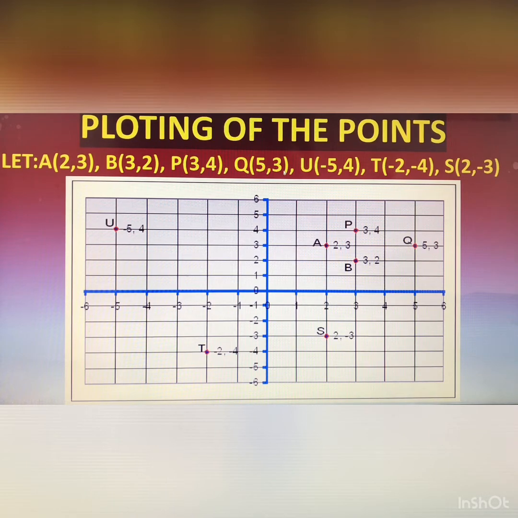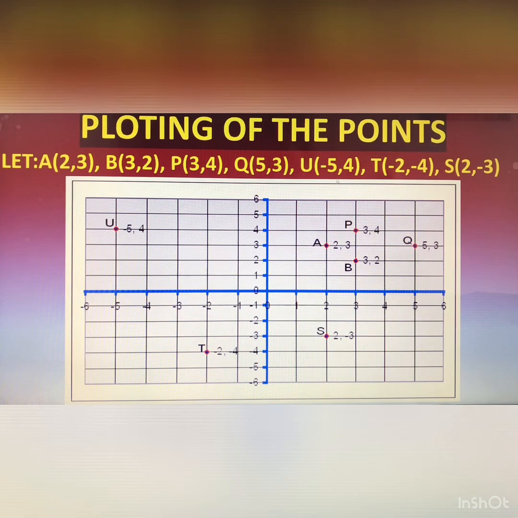Both coordinates are positive. You go on the x-axis to 5 units, then go upward and stop in front of 3. So this is the point 5 comma 3.